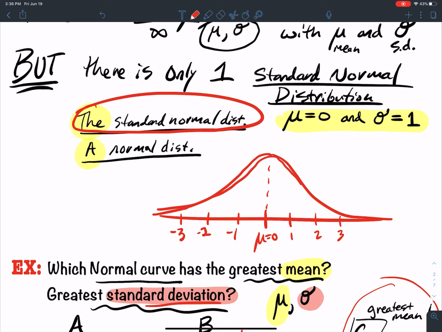Okay, so this is what the standard normal curve looks like. It has a mean of 0 and a standard deviation equal to 1. Okay, so once you go out about 3 standard deviations, you pretty much got all of the area that you'd be concerned about.